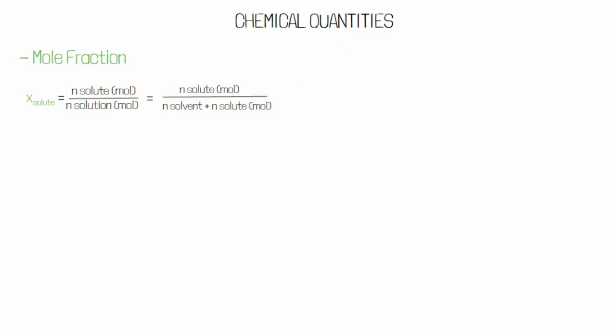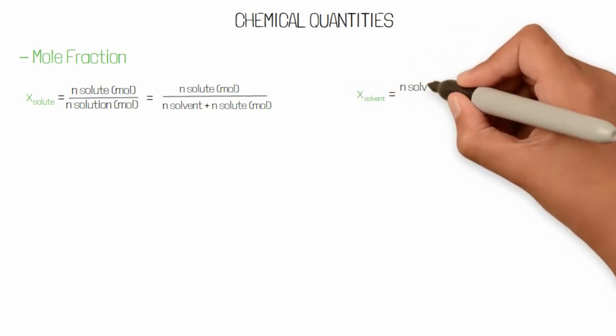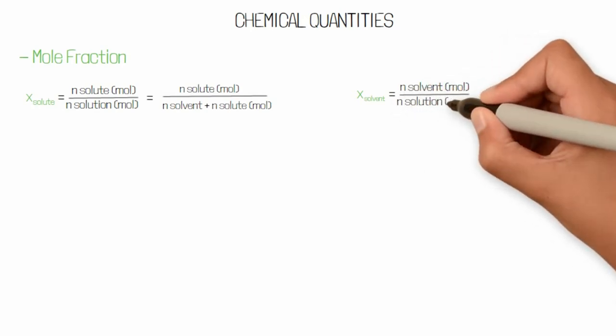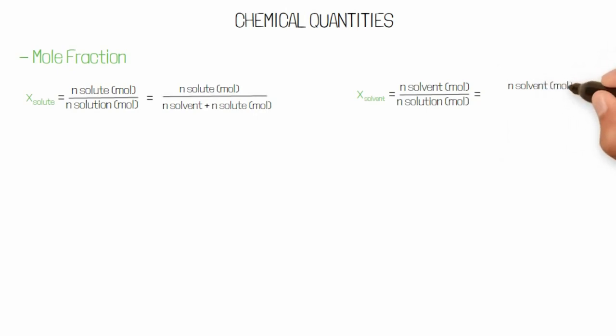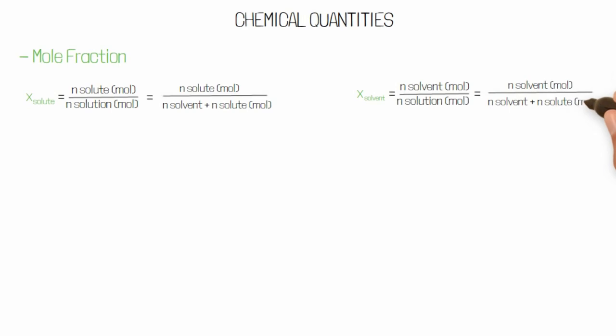We can have the mole fraction of the solvent as well, and it can be expressed in a similar manner as the mole of solvent this time over the mole of solution. And again, this is equal to mole of solvent divided by mole of solvent plus mole of solute. Those are the mole fractions.